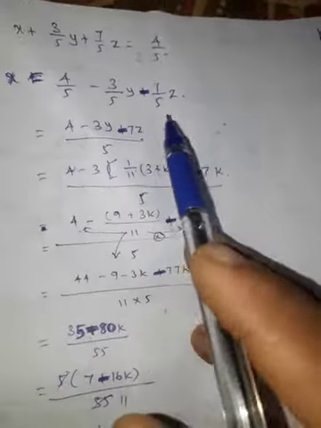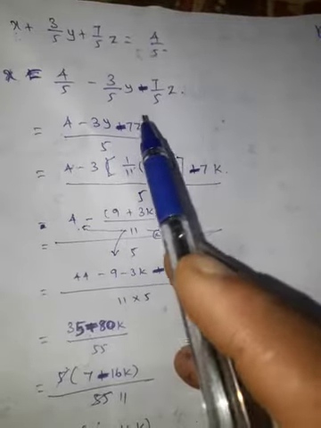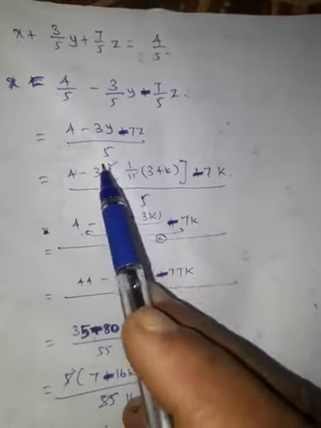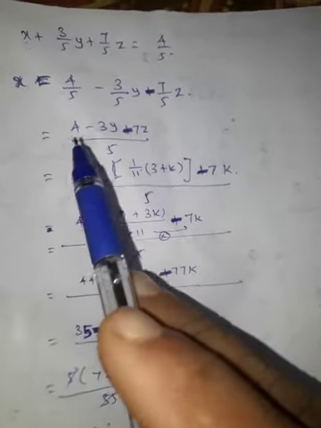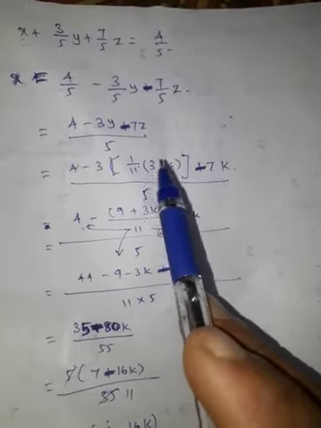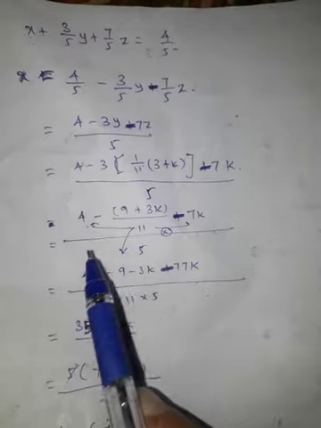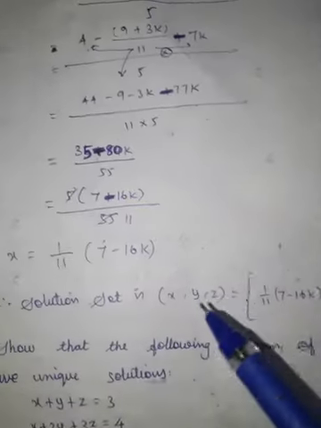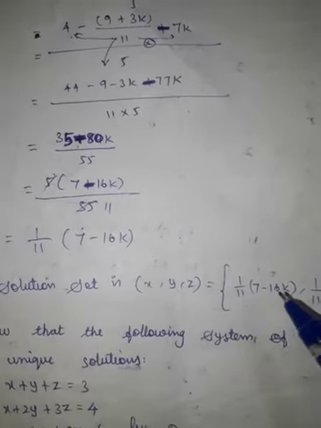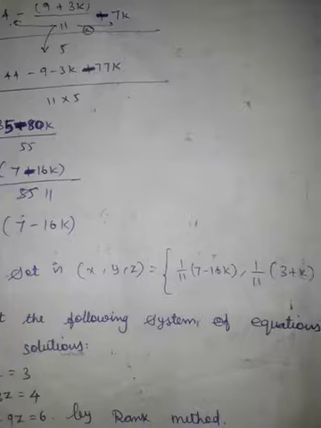Here also 5 is the denominator, same, so write one time. So 4 minus 3 y value, we already found. So substitute the value of y and z. If we simplify this place, we get x equal to 1 by 11 into 7 minus 16k. So the solution set is x, y, z equal to 1 by 11 (7 minus 16k), 1 by 11 (3 plus k), k.